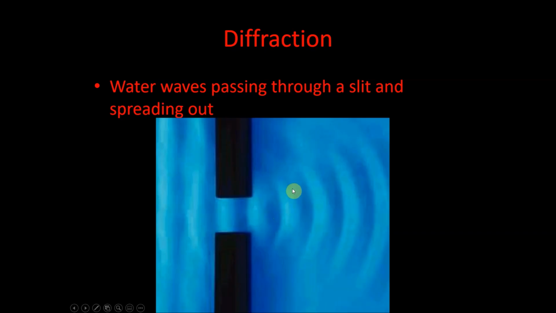The waves are curling around the object, around the sides of this particular slit. So, water waves will encounter this kind of obstruction, and then they will spread out as they pass through a slit in the obstruction.